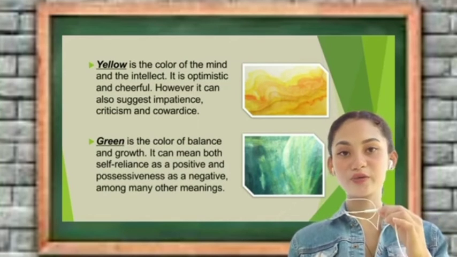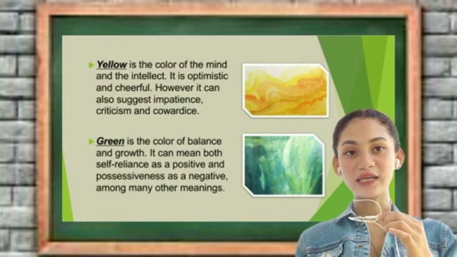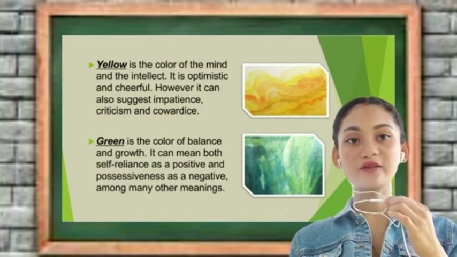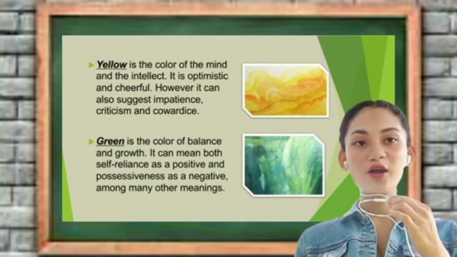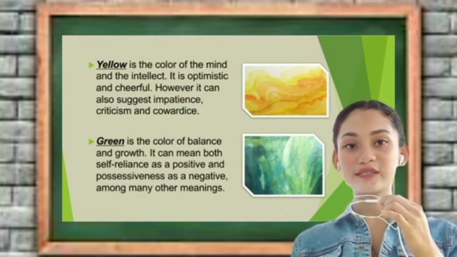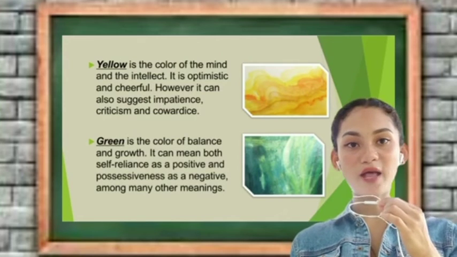Next color is the green. Green is the color of balance and growth. It can mean both self-reliance as a positive and possessiveness as a negative, among many other meanings. Green color expands capillaries and regulates blood circulation, reduces pressure, calms the nervous system, relaxes muscles, establishes personal balance.